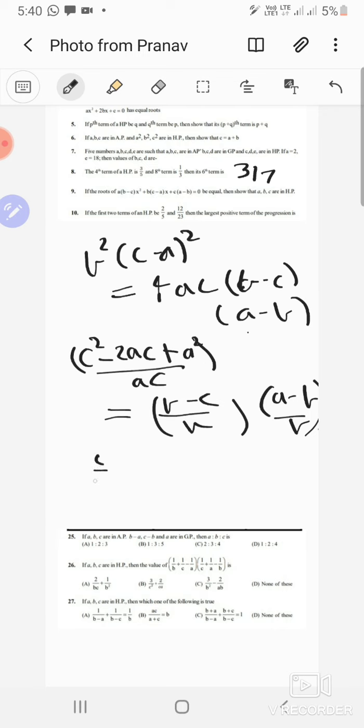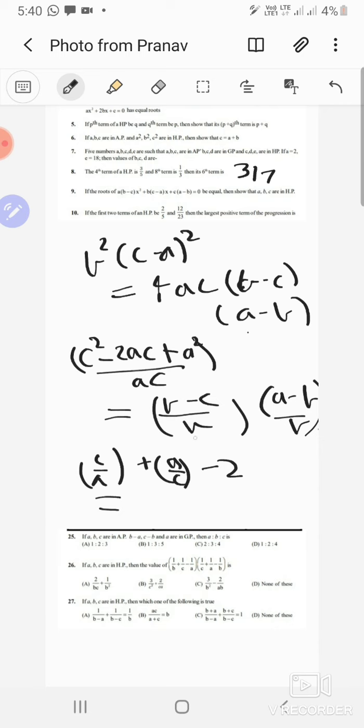Let's see what we get. So c upon a plus a upon c minus 2, that has to be equal to, you have 1. Did I miss something over there? No, most likely I didn't. Fine.